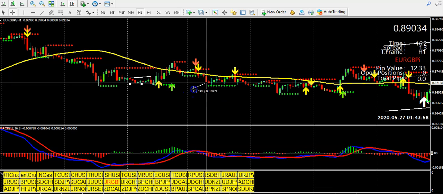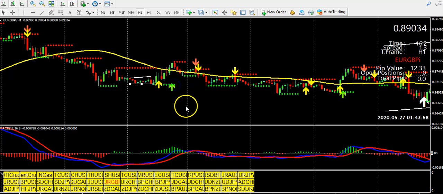We do not want to make the assumption that it's going to break through. We don't know that, right? So we have to trade what we see. And what we see right here is that we're right at a support level. It did not clear 12 or more. So we wait.